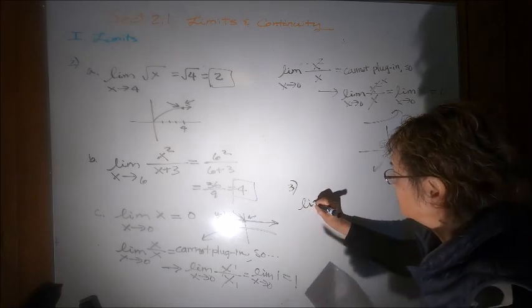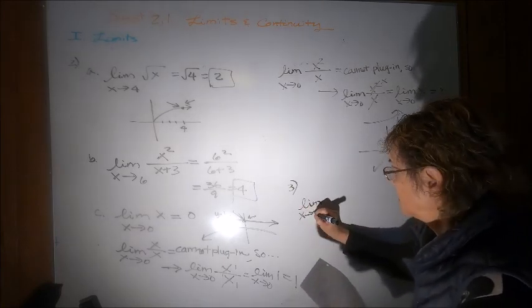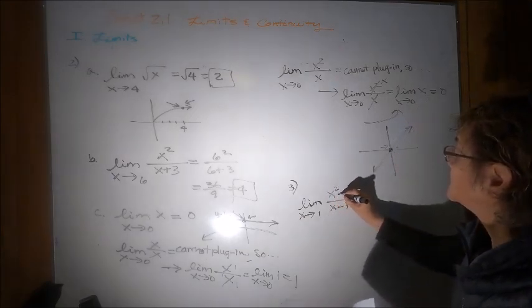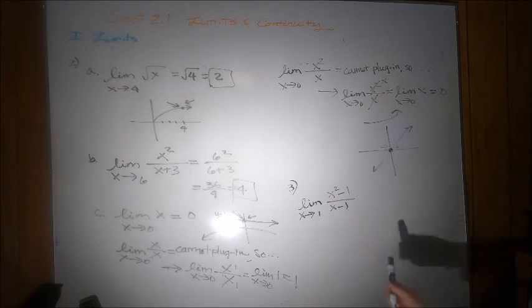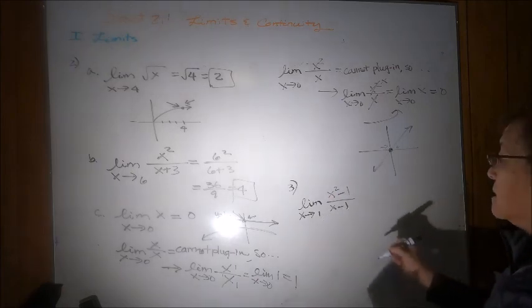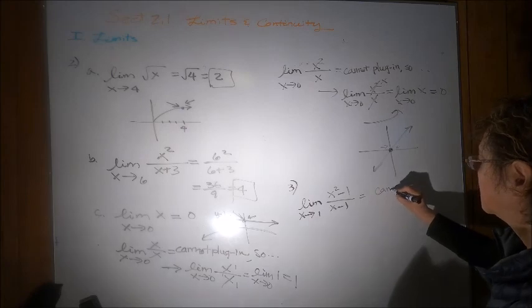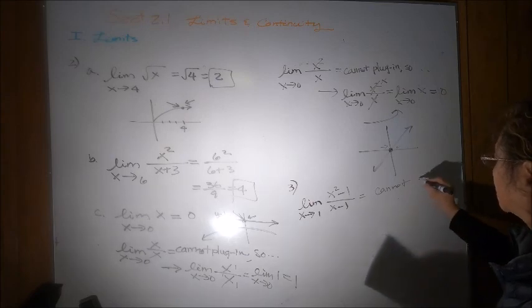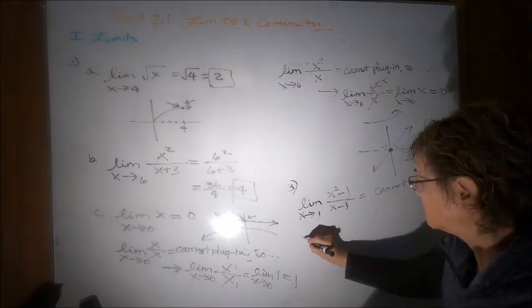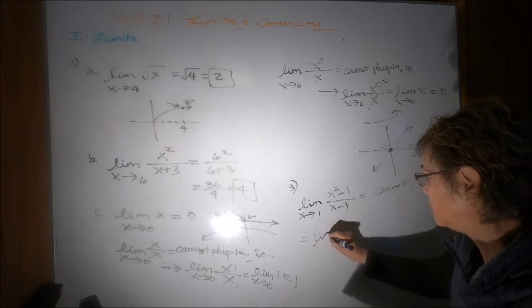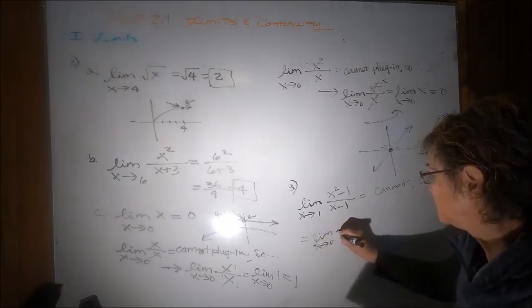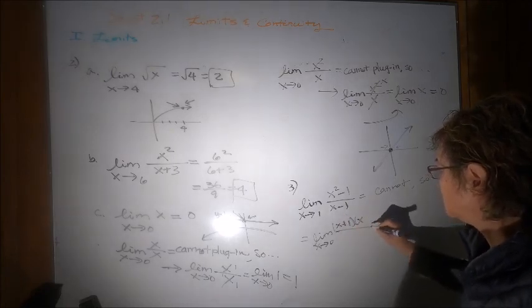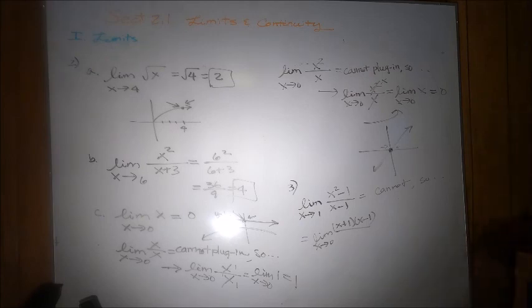Then look at example 3. If I have denominator x minus 1 and this, can I plug in directly? We can't. So what do we do? We simplify first. So we write this one and do factoring. So x squared minus 1 is a squared minus b squared, which equals a plus b times a minus b, right?